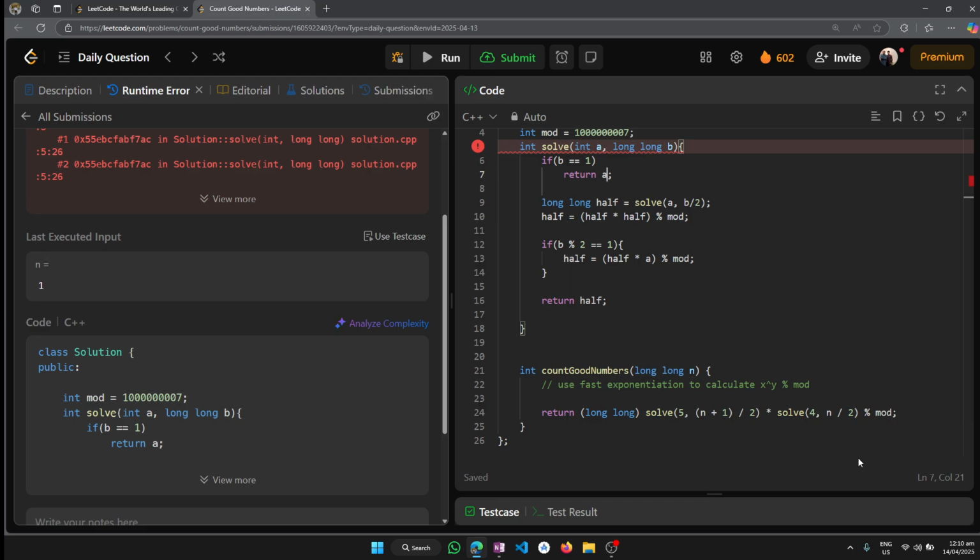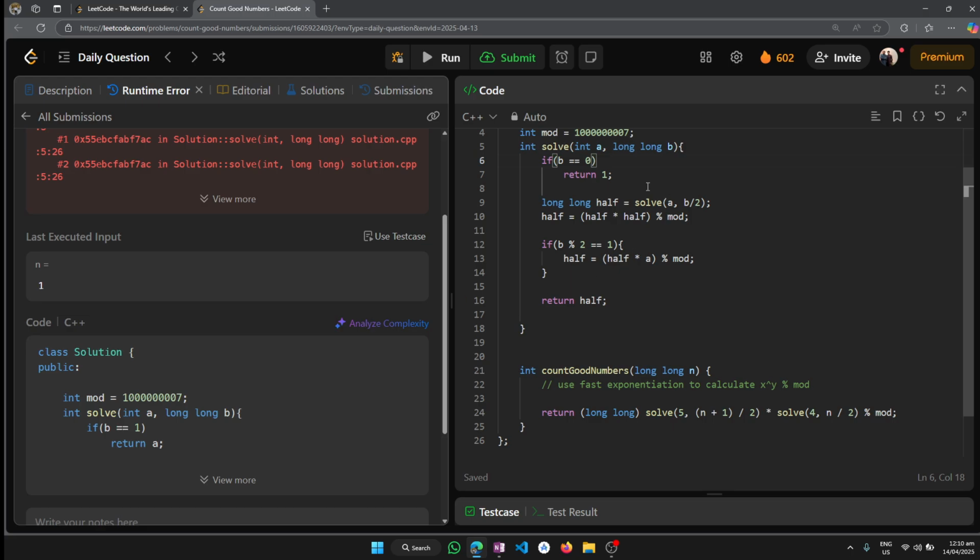Because when n is 1, I will say over here 1 divided by 2, so it would be 4 to the power 0, and 0 is something which I'm not dealing with. That's why I need to have this test case in over here, right? This was the only simple test case that was failing. That's why our code wasn't accepting.